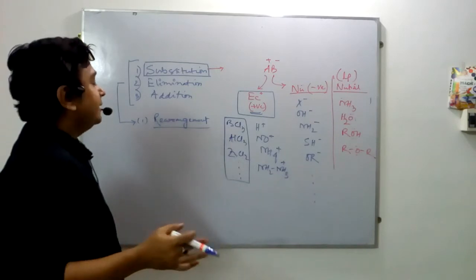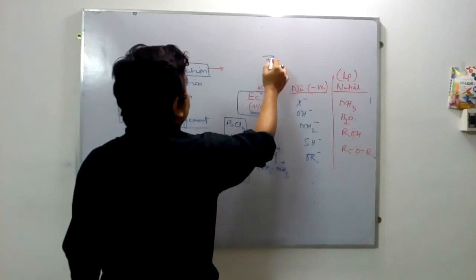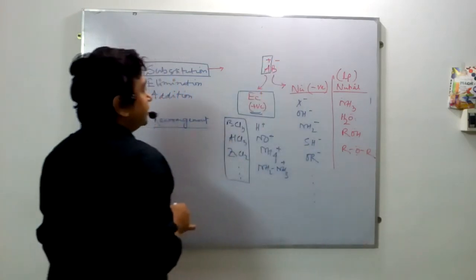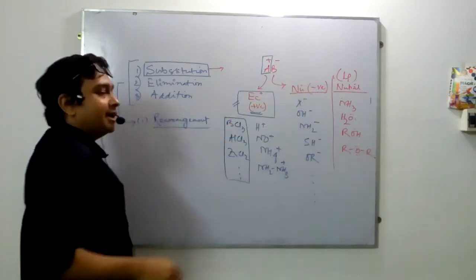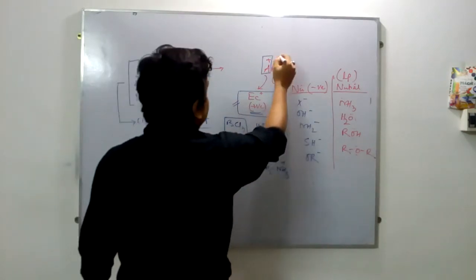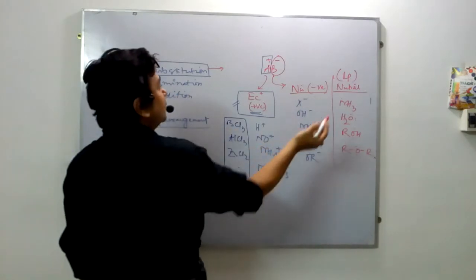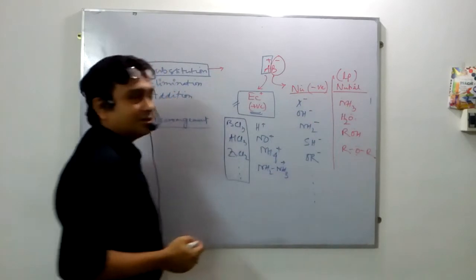Now come to the point that substitution means if an electrophile goes out and another electrophile comes and takes its position, then it is known as electrophilic substitution reaction. Now if a nucleophile goes out from a species, that is a substrate, and another nucleophile comes and takes its position, then it is known as nucleophilic substitution reaction.